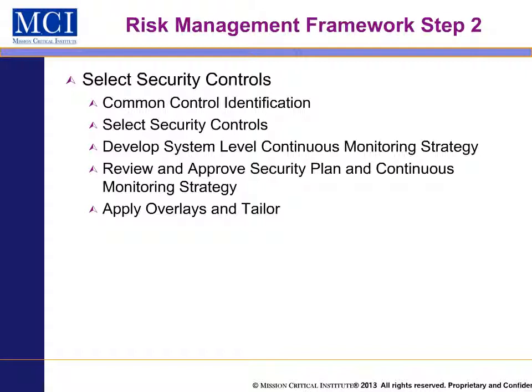Also, then you develop a strategy for the continuous monitoring of the security control effectiveness and any proposed or actual changes to the information system and its environment of operation. Finally, you're going to review and approve the security plan, including the configuration, the continuous monitoring strategy, and any required overlays or required tailoring or supplementing of those controls.